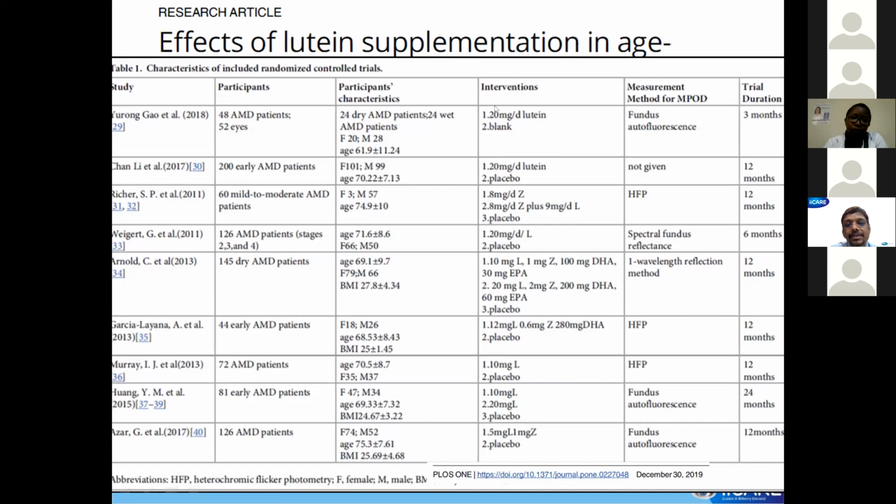And if we look at the intervention in terms of lutein supplementation or lutein plus zeaxanthin, we can see 20 milligram per day lutein, here again 20 milligram per day, and here again 20 milligram per day. There was also a combination of lutein and zeaxanthin at various doses, and the measurement was mainly MPOD, and the duration of these trials ranged from 3 months to more than 1 year, that is 24 months, even 2 years.